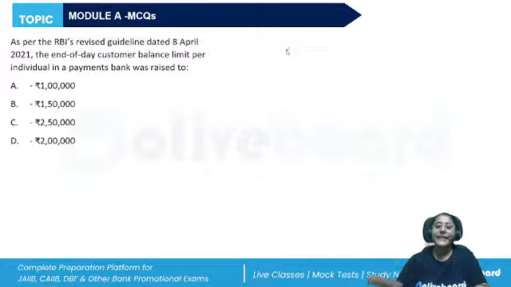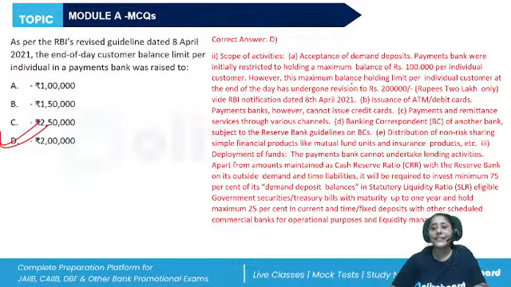So initially the payment banks were restricted to holding a maximum balance of rupees 1 lakh per individual customer, right? But this has been increased to rupees 2 lakhs only. All right, so this revision has increased it to rupees 2 lakhs on 8th April 2021.